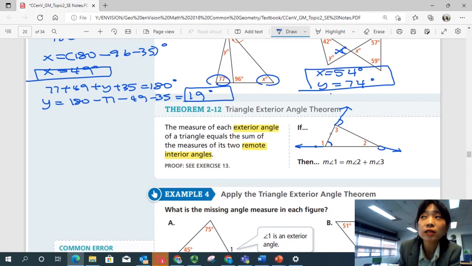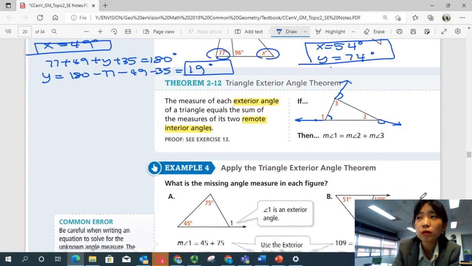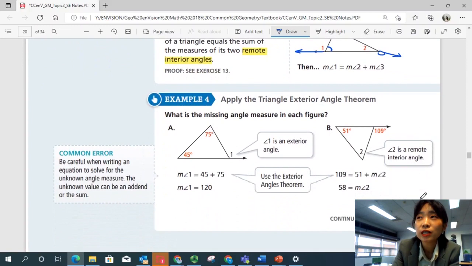So 2 and 3 in this diagram are remote interior angles to the exterior angle 1. In this case, the measure of angle 1 is equal to the sum of angles 2 and 3. Okay? We're going to apply this triangle exterior angle theorem and figure out some missing angles.